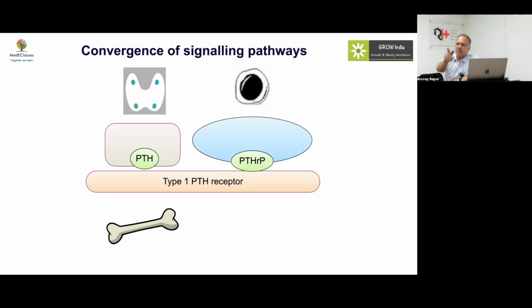And suppose you don't have any PTH, Ashutosh, how will the baby's calcium be maintained in the intrauterine period? So if your PTH is not there, your calcium should go down, but the baby will not develop hypocalcemia because calcium is coming from the mother. So mother is continuously supplying calcium.